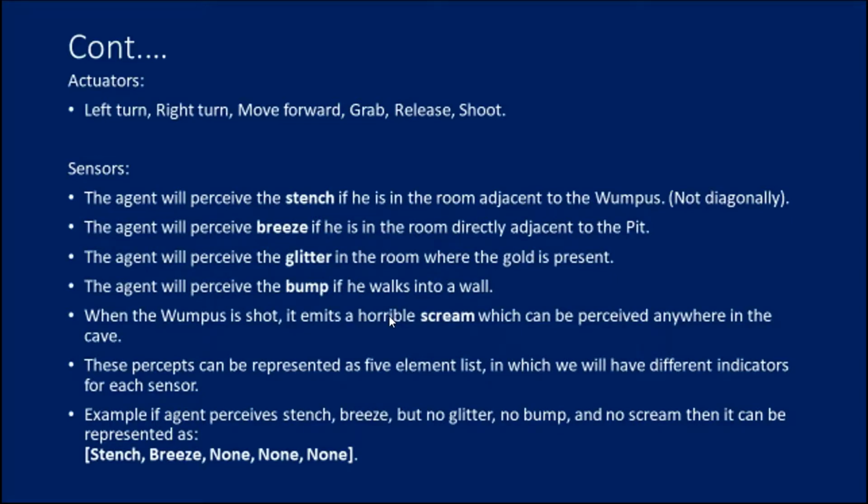Discrete: the environment is discrete. Single agent: the environment is single-agent as we have one agent only, and the Wumpus is not considered an agent. Okay, so this is a simple explanation of the introductory part of the Wumpus world.